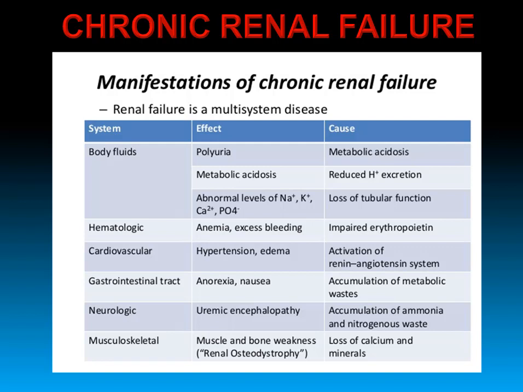Arterial hypertension as a result of hyperproduction of renin, decreased formation of prostaglandins, decreased sodium excretion, and as a result, increased extracellular fluid volume.